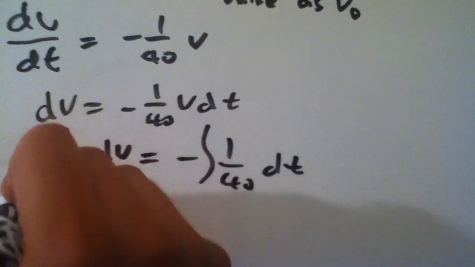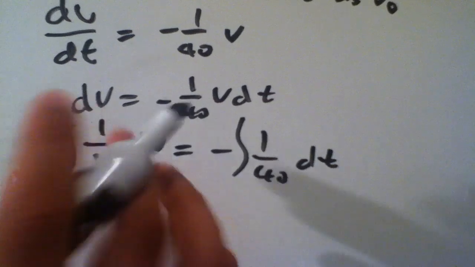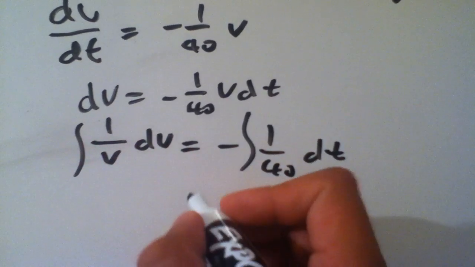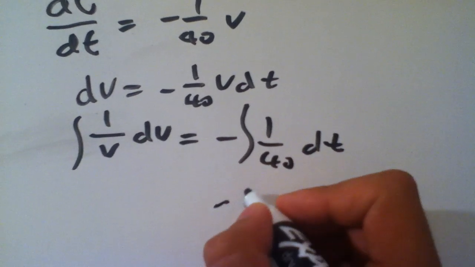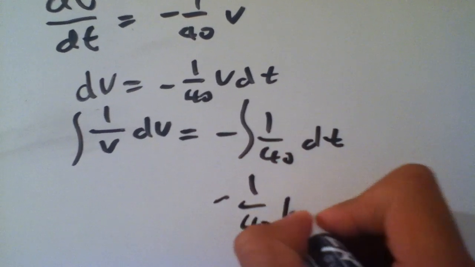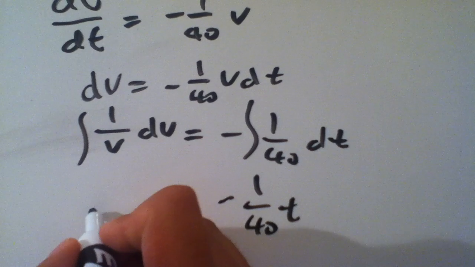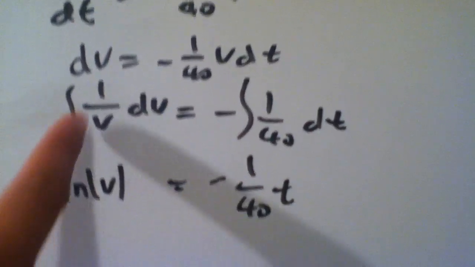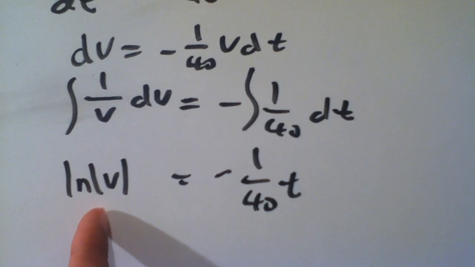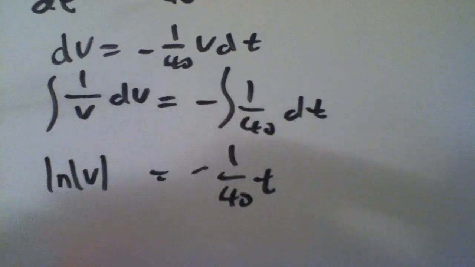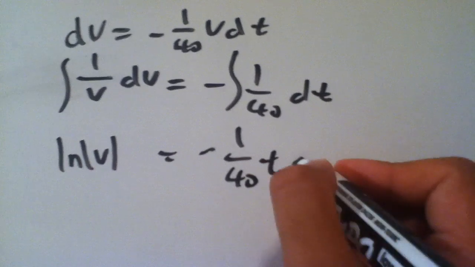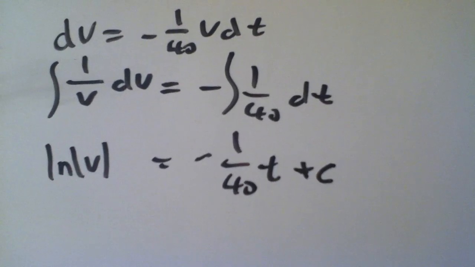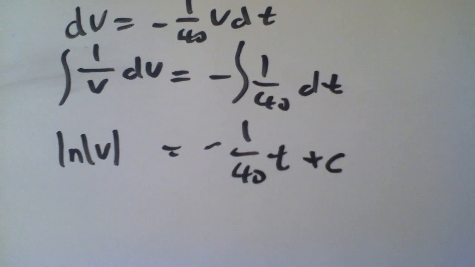We take the integral of both sides, and I put the negative on this side as negative 1 is a constant, and we get negative 1 over 40 t. On this side, the derivative of natural log is 1 over V, so we get ln V, and of course, let's not forget our plus C, a constant, at the end.